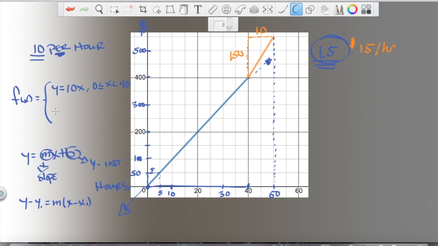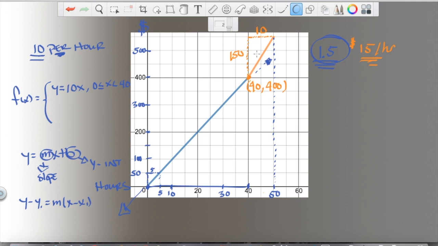So I know the start of my equation now is going to be my $15 per hour. The next thing I want to say is, well, what's my y-intercept? Well, I don't know what that is, right? And that's where this function comes in super handy again. Let's just use a point from this function, and we can see a point right here, and that point is going to be 40 on my x for 40 hours and 400 on my y, meaning that you made $400 in 40 hours, and that's what this point right there represents.